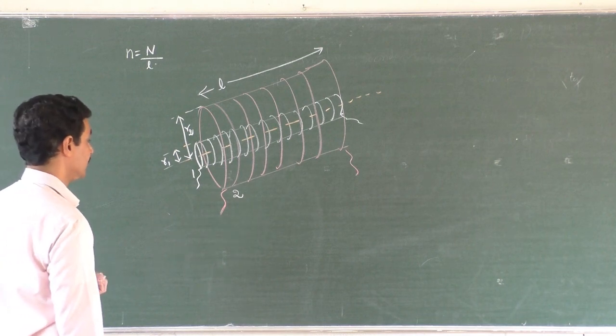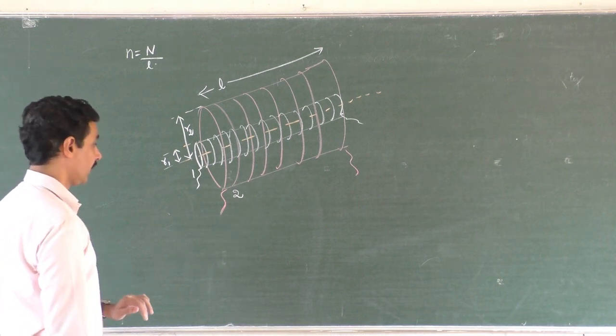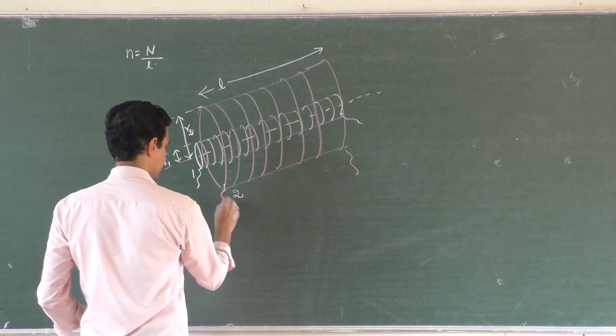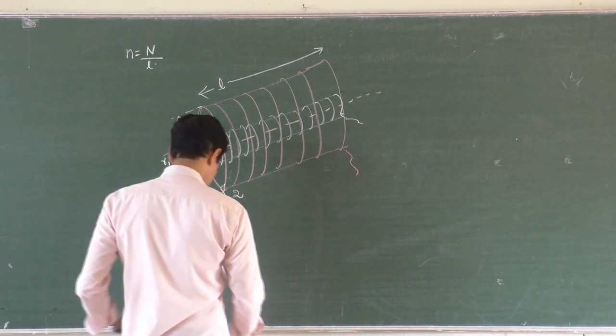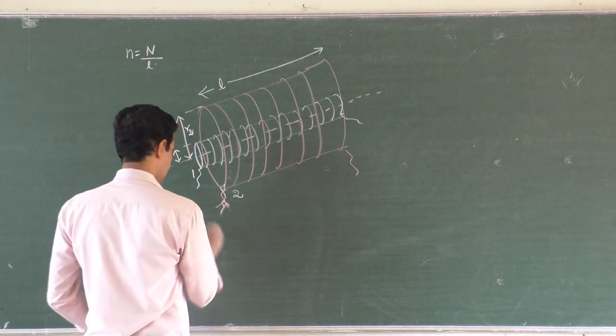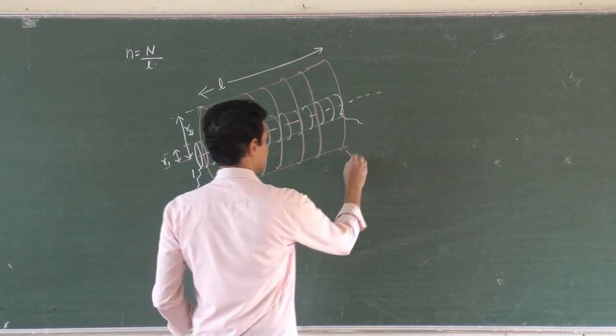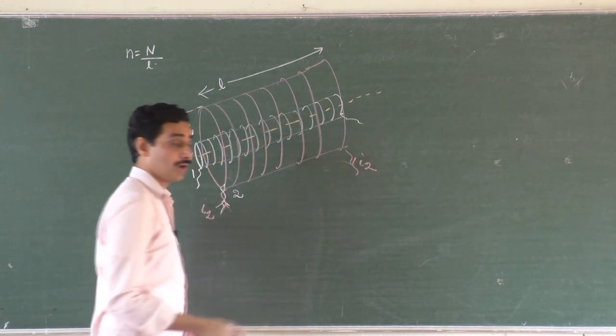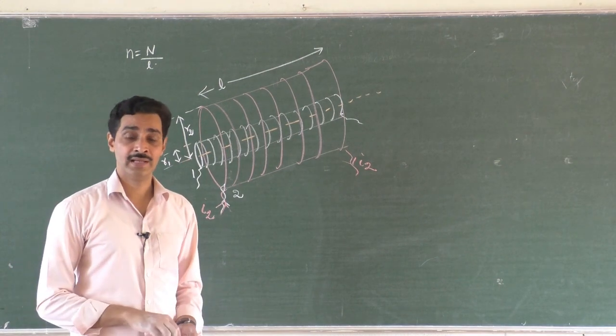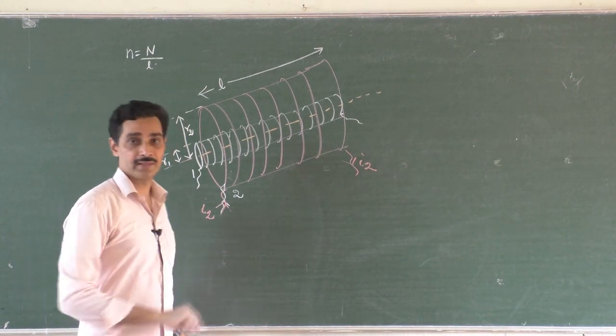Now let us pass current through the secondary coil. So we will pass current through this one, that is I2, and let it come out here, and find out how much flux is linked to the inside coil and what the mutual inductance is. That is our first aim.